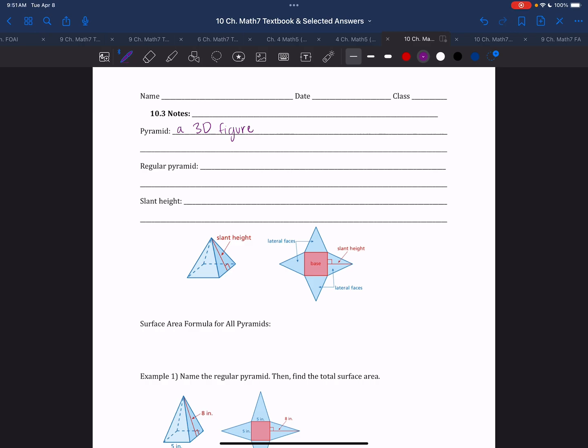A 3D figure with a polygon base and triangular lateral faces that meet at a point. And I forgot to write the title, so I'm going to do that. Let me double check the title. Surface area of pyramids.